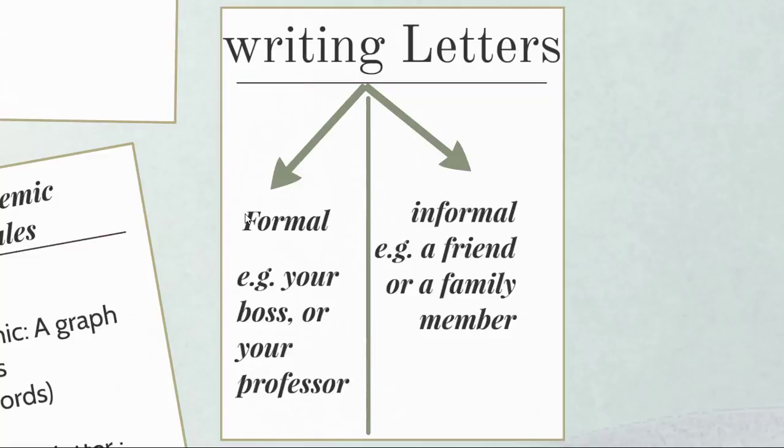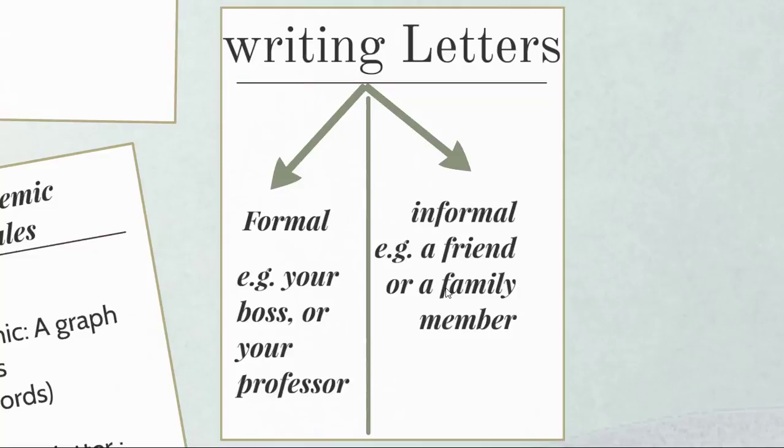We have two kinds of letters, formal letters and informal letters. Formal letters, you're supposed to be addressing someone in power, like, for example, a boss or a government official or a professor. As for the informal letters, you're supposed to be addressing someone you know very well, like a friend or a family member, say a brother or a cousin.